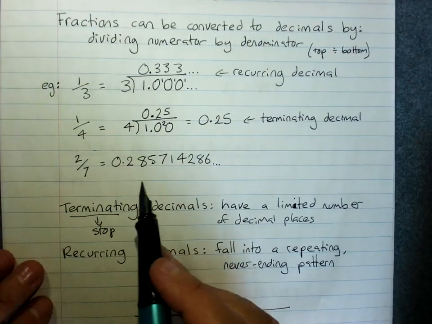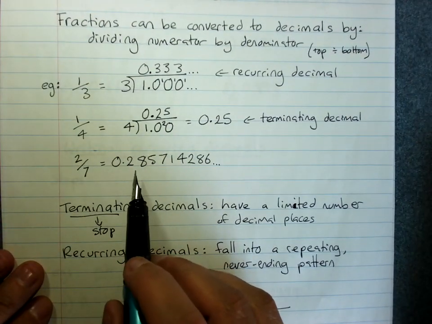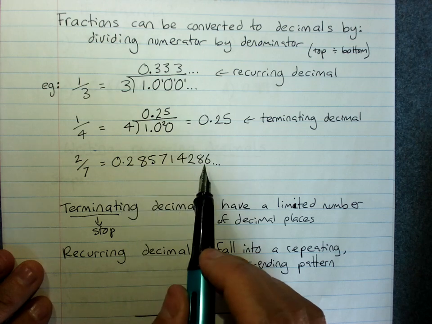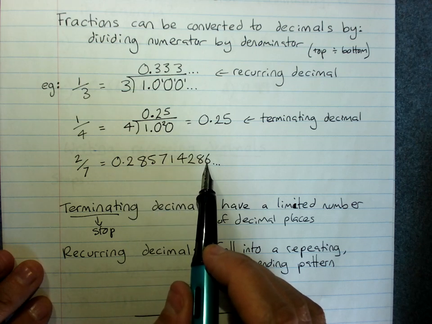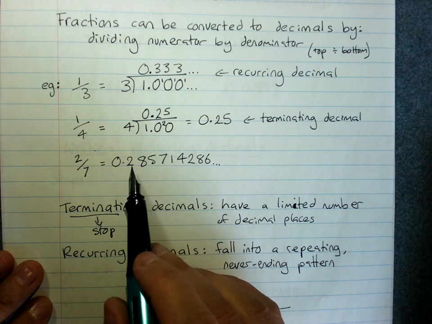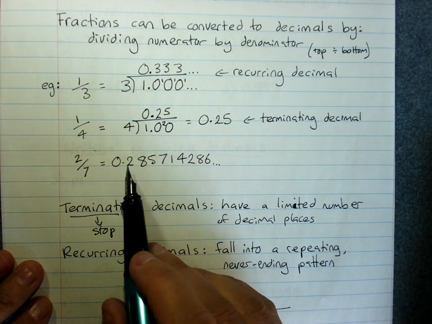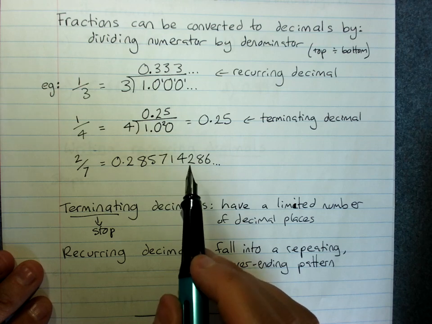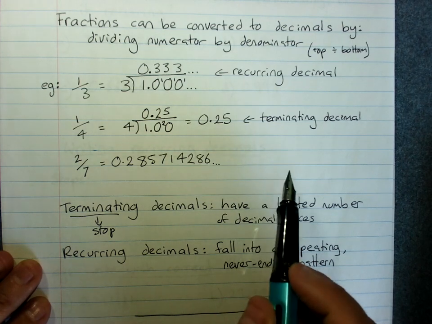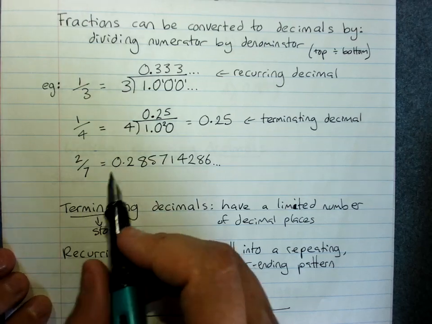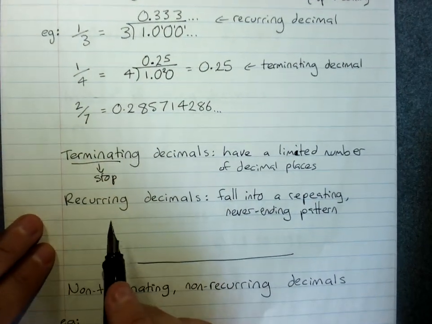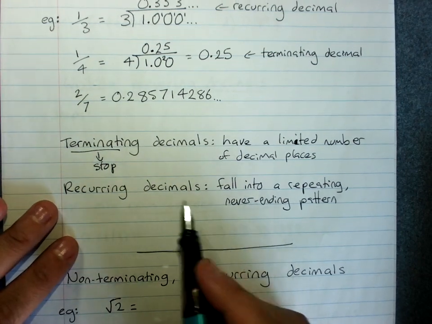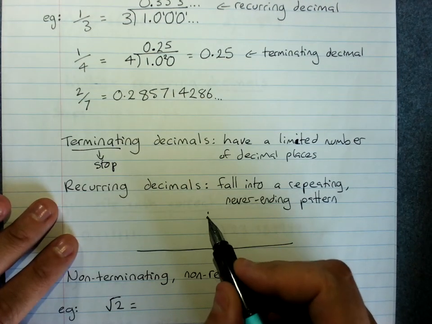And this one may look like it isn't, but this number here has been rounded, and the recurring part is 285714, 285714, 285714.